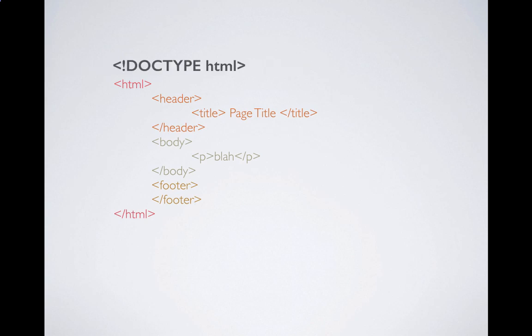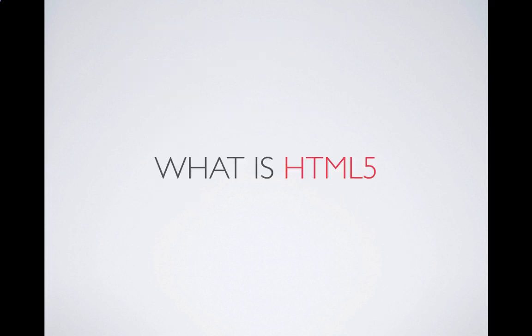We forgot one of the most important tags that goes all the way on the top, called doctype. As you can see, there's an exclamation mark before doctype. Doctype html means this document is written in HTML5. What is HTML5?